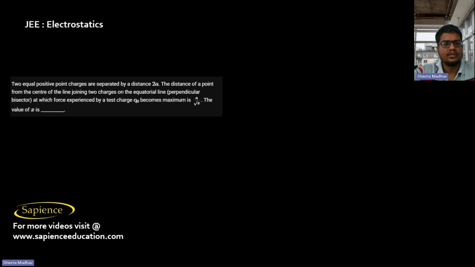Then here it is told two equal positive point charges are kept separated by a distance 2a.